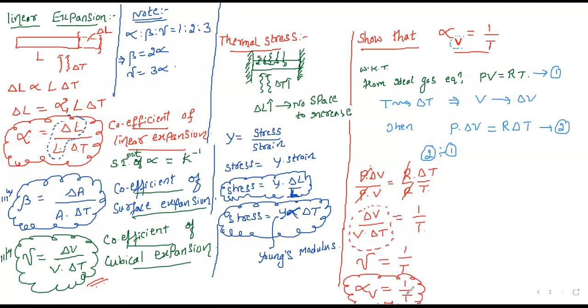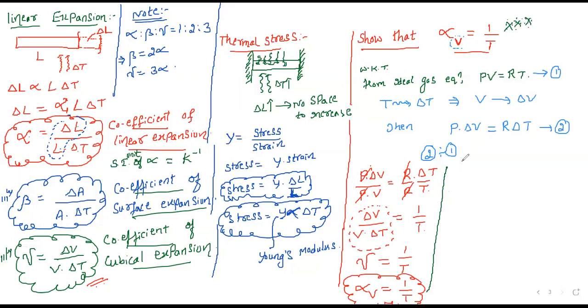The coefficient of volume expansion is alpha V equal to 1 by T, that is, the reciprocal of the temperature. This is another very important concept for 3 marks, a frequently asked question.